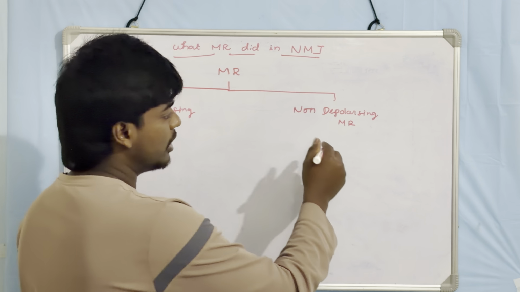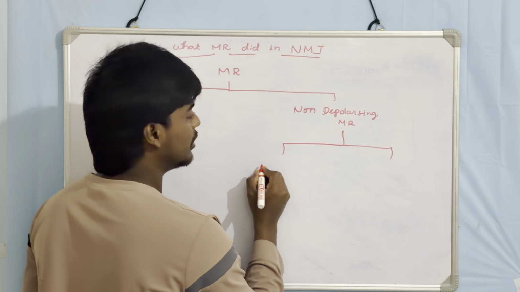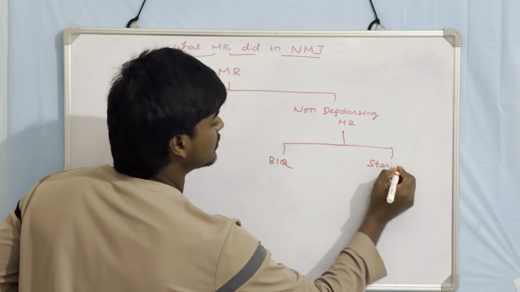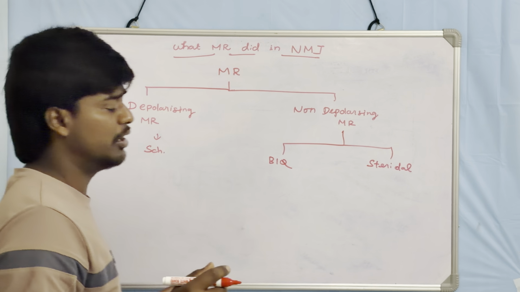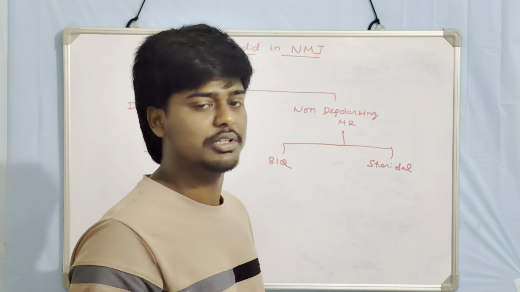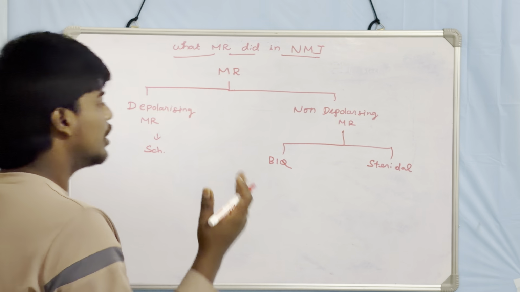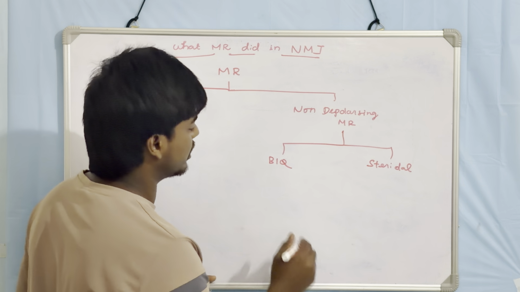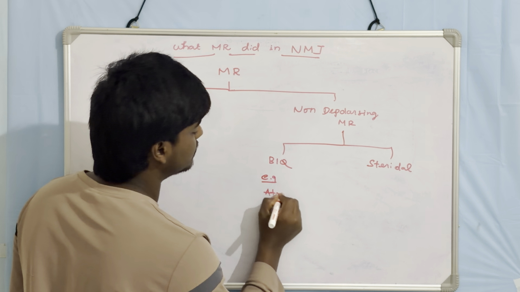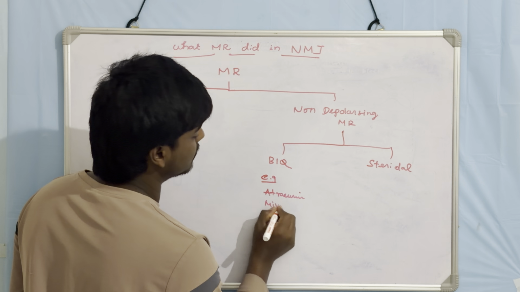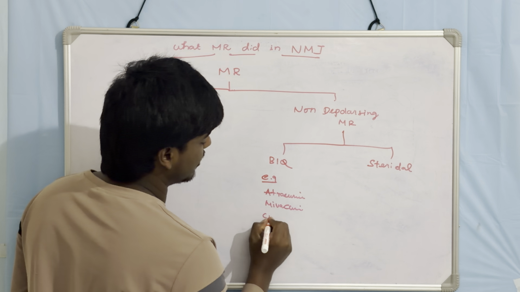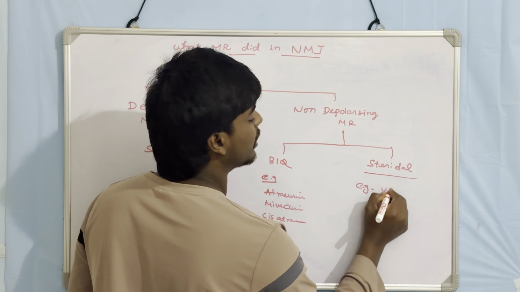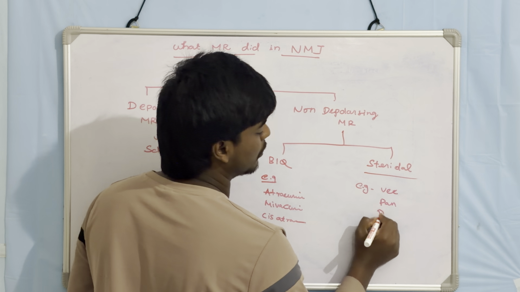The non-depolarizing muscle relaxants are further divided, according to chemical structure, into benzylisoquinolinium and steroid compounds. And depending upon the duration of action, there are long-acting, intermediate, and short-acting muscle relaxants. Now, according to chemical structure, examples of benzylisoquinolinium compounds are atracurium and mivacurium. And examples of steroid compounds are vecuronium, pancuronium, rocuronium, and so on.